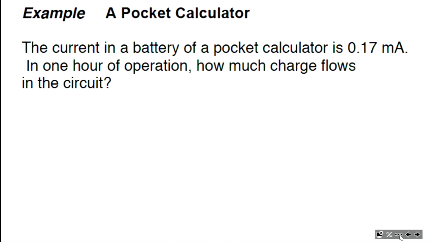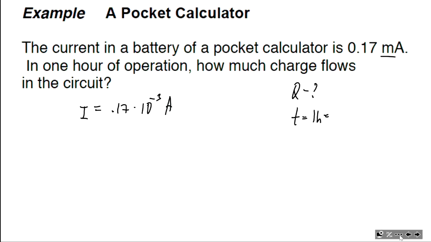Now, we can solve many, many simple problems. For example, electric current, which is I, is equal to 0.17 m, that's not a Greek mu, that's regular lowercase m, so it means micro, and this means amperes. How much charge, that's Q, travels in 1 hour, that's time?